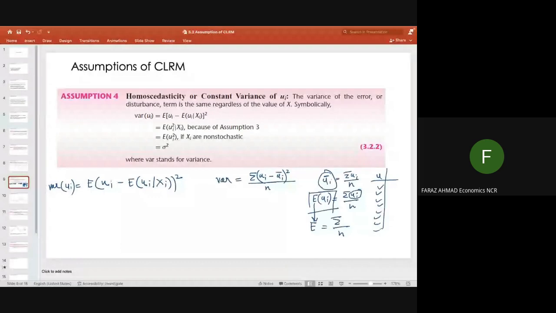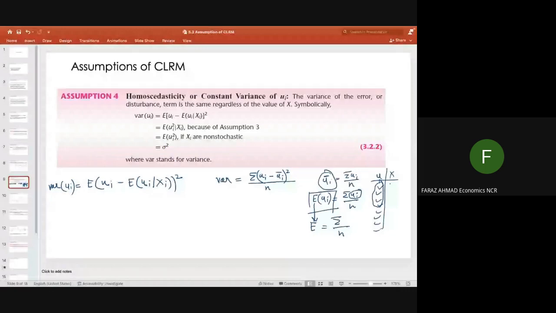So you can borrow this idea to the conditional mean also. The only thing is that out of all the u's, you will select some of them which are conditional on something.